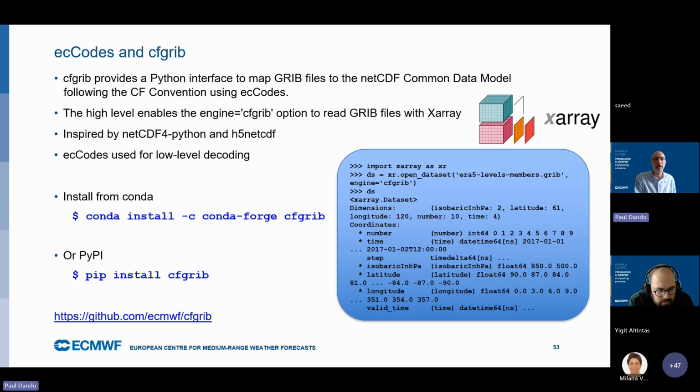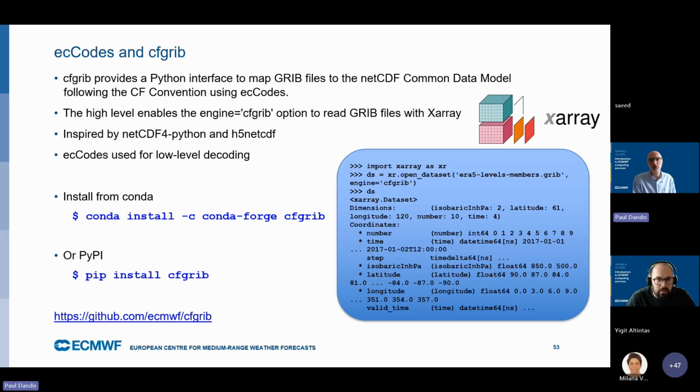It provides high-level access using what's called an engine called cfgrib as an option that goes with xarray. So what you do is you get an xarray data object back. And the whole thing was inspired by the netcdf4 Python and h5netcdf, but using ecCodes underneath for low-level decoding.